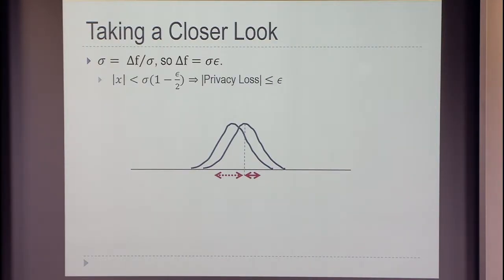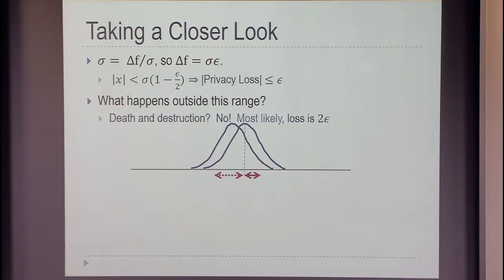Now, let's just take a closer look at this. Let's not put that square root log 1 over delta term into the standard deviation for our noise and see what happens. As long as this is the case, the privacy loss is bounded by epsilon.